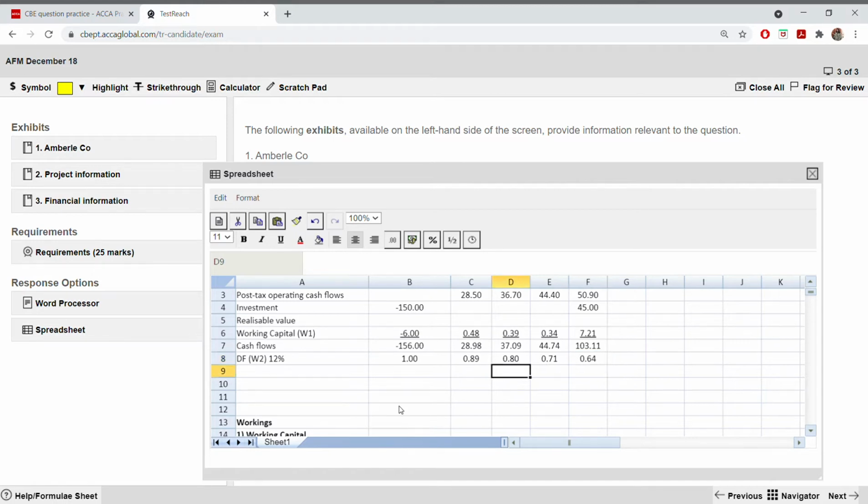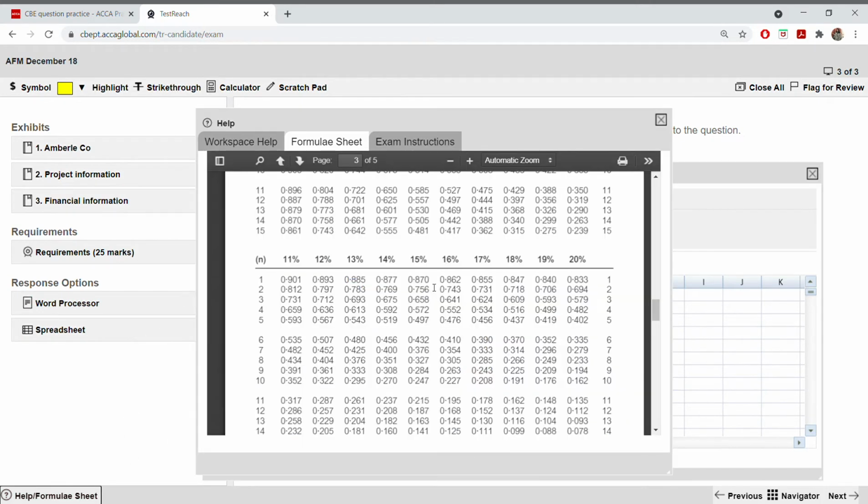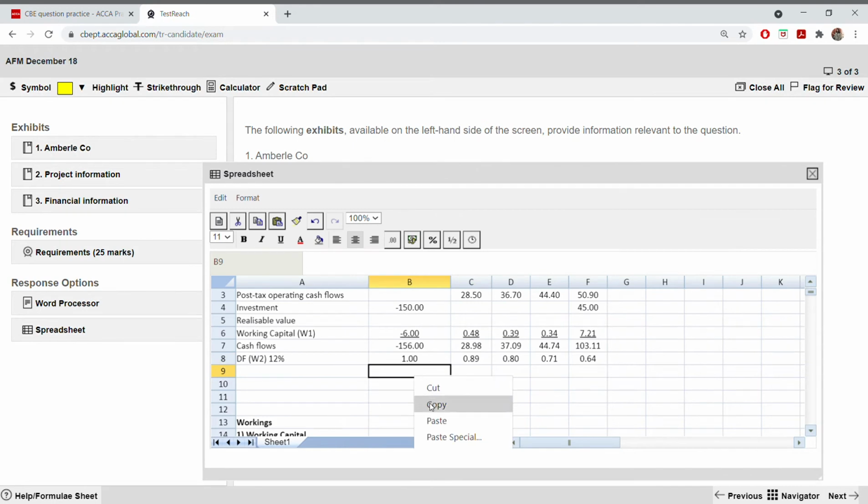Do you see how much time we are taking? All these are in 4 decimal places. But when you see the table, it is in 3 decimal places. So let's try to copy paste it. It will not copy paste.